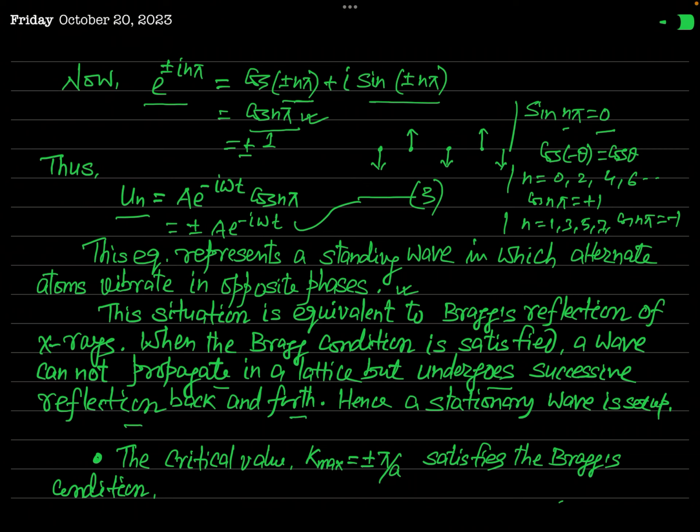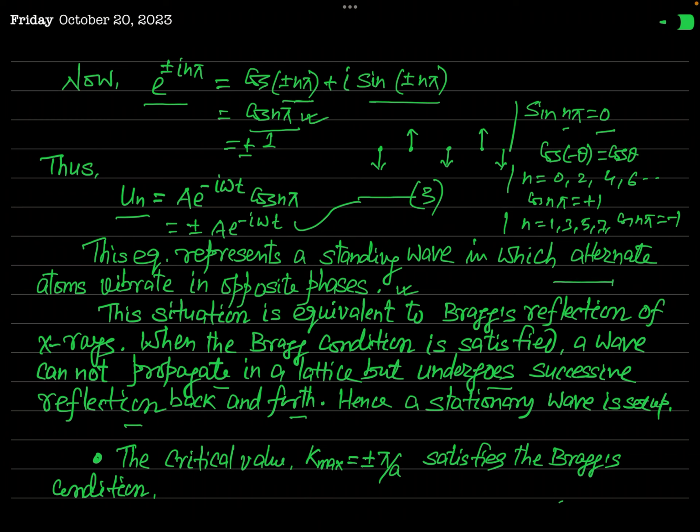So when Bragg's condition is satisfied and an electromagnetic wave is incident on a crystal, the wave does not pass through the crystal, but it suffers multiple reflection and a standing wave is formed.